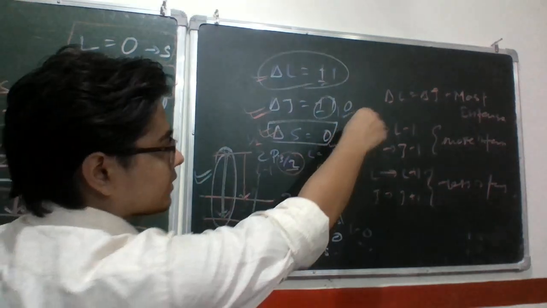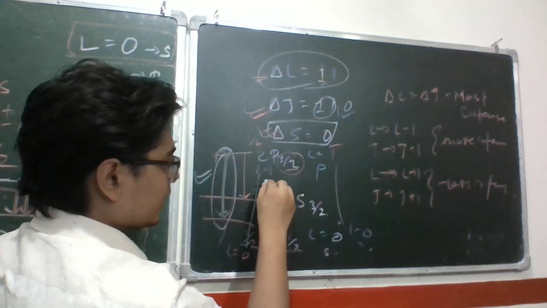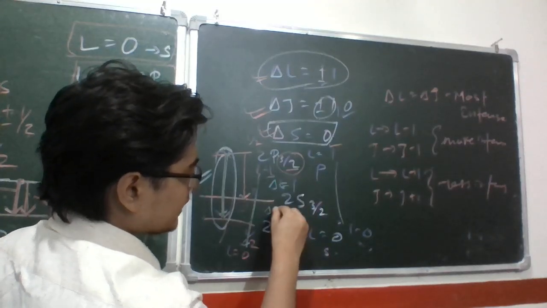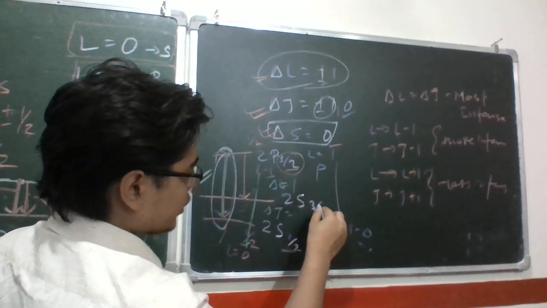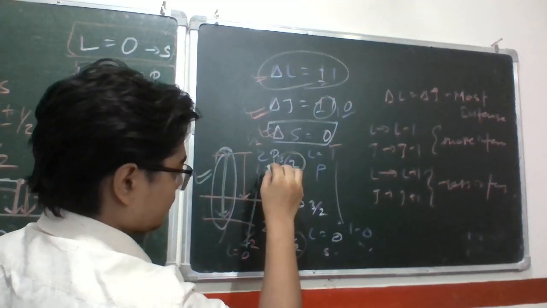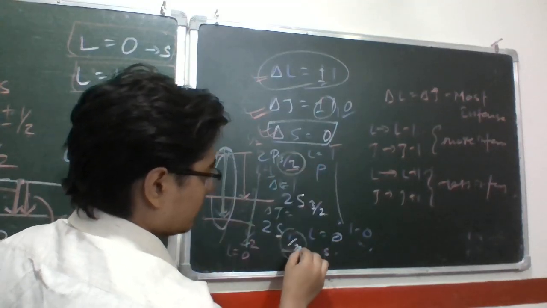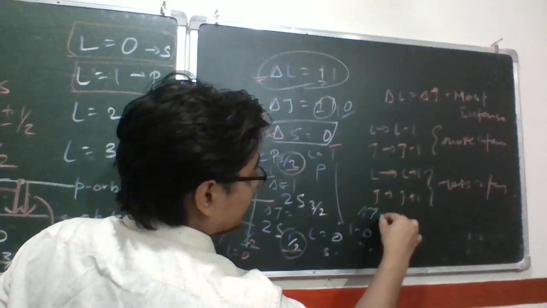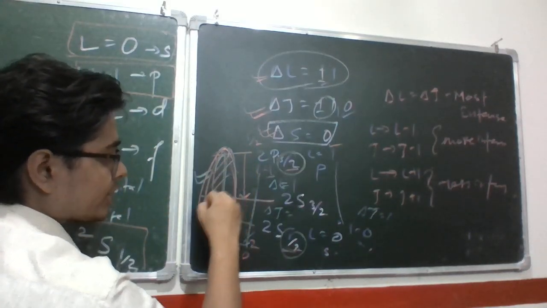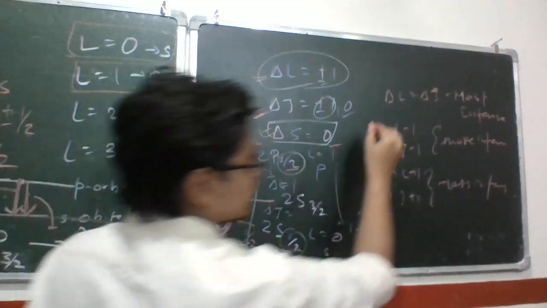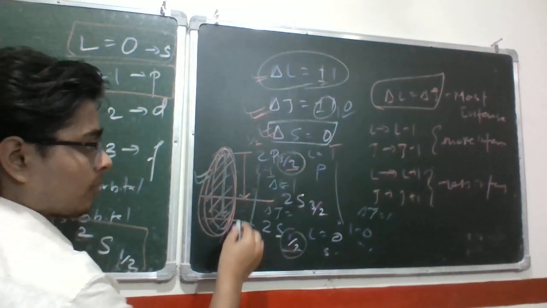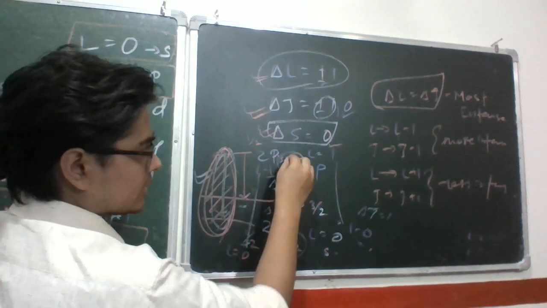Do we have this criteria? Let's check. So change in L is 1, change in J is what? 3 by 2 minus 1 by 2, yeah? So this is also 1. So that means this spectral line is the most intense one, because this satisfies this intensity rule. It doesn't satisfy this rule because it is 0.